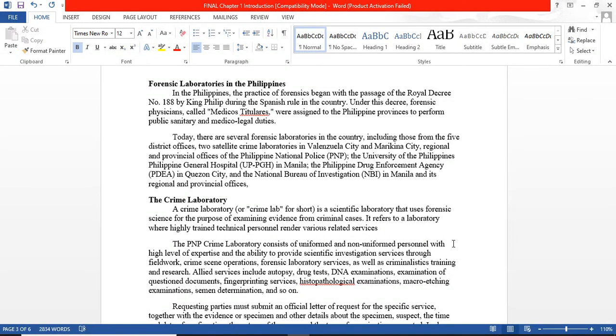Okay, the PNP crime laboratory consists of uniformed and non-uniformed personnel with high level of expertise and the ability to provide scientific investigation services through the fieldwork, crime scene operation, forensic laboratory services, as well as criminalistic training and research.